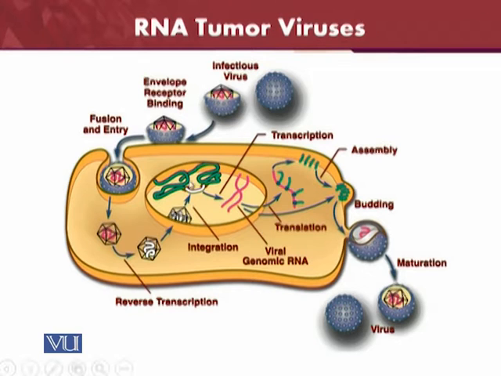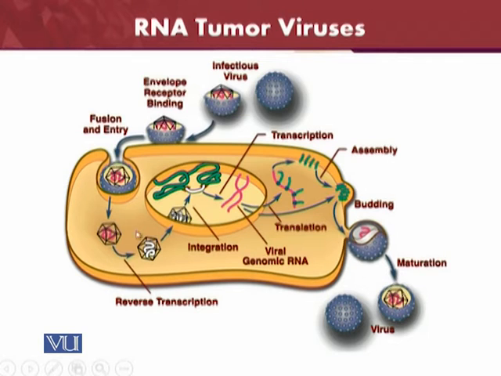For the RNA tumor virus, we have the same structure and morphology as we have already studied in the life cycle of the DNA viruses. Fusion and entry: the virus has its coat, and inside is the DNA or RNA. Of course, here it will be the RNA in the capsid, and it has to enter inside the body.